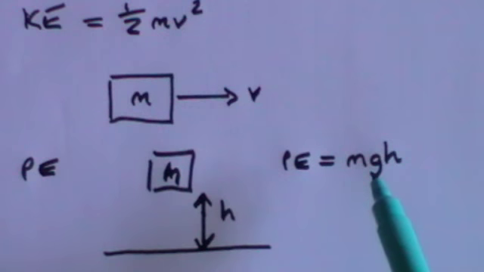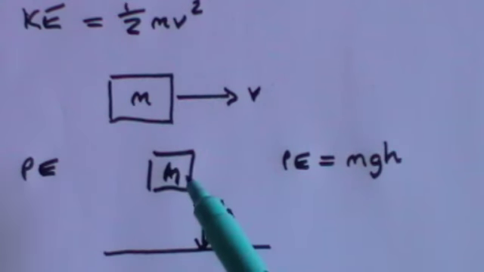On Earth, that's 9.81 meters per second squared, and h is the height above the ground.